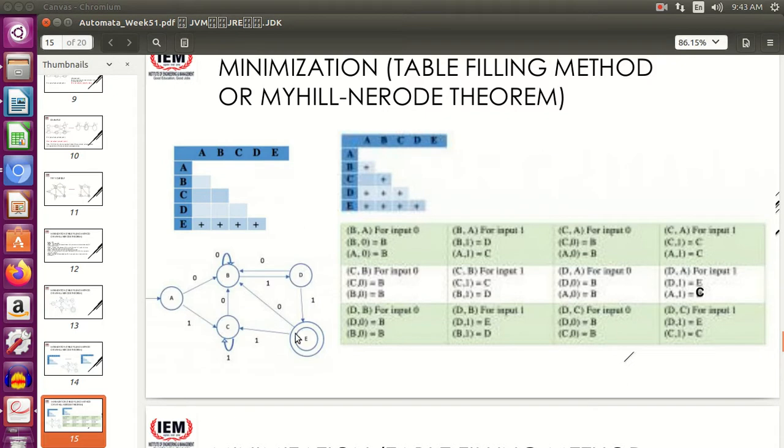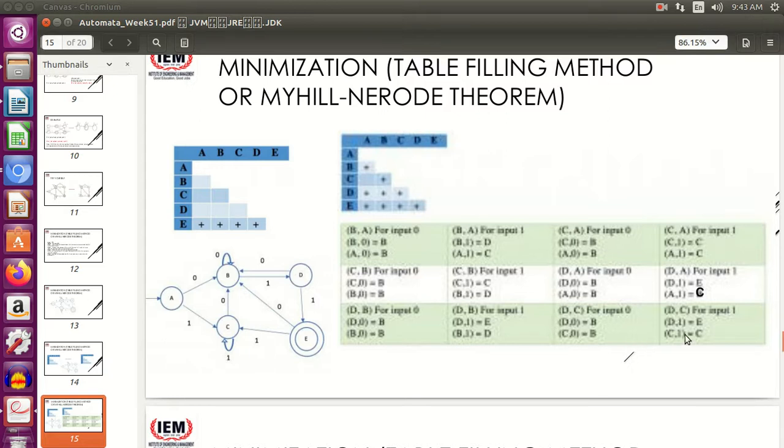Basically here D comma A, D comma B, D comma C will all get marked, because D on getting input 1 reaches E, and all the pairs associated with E are already marked. Any state whose next state is E, on a 0 or on a 1, will be part of the marked pairs.